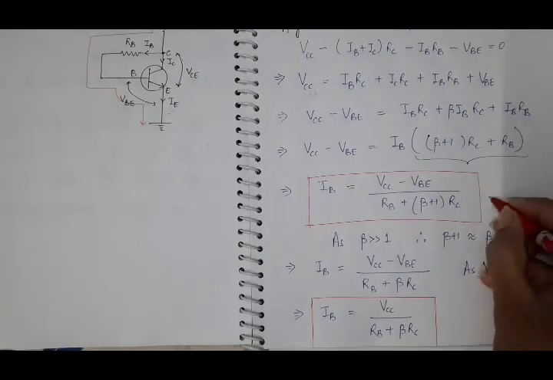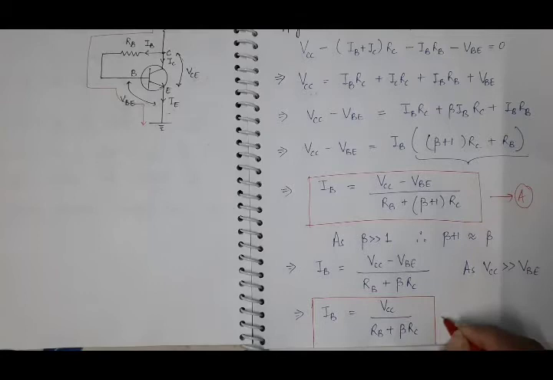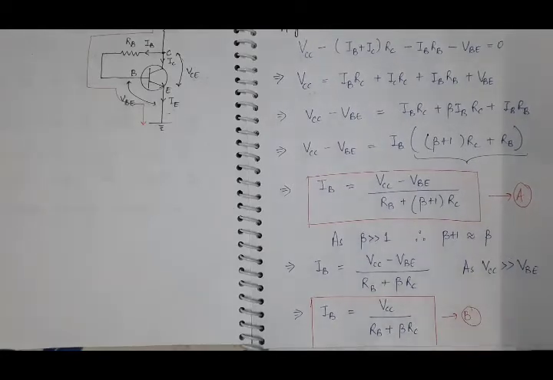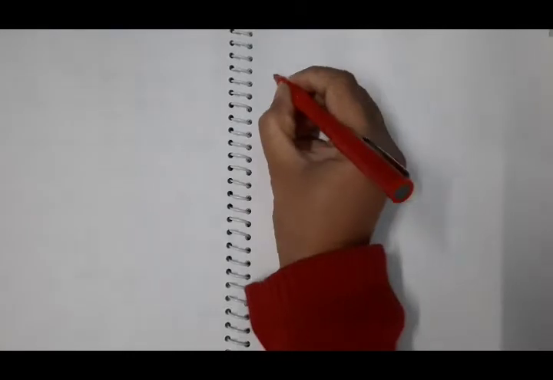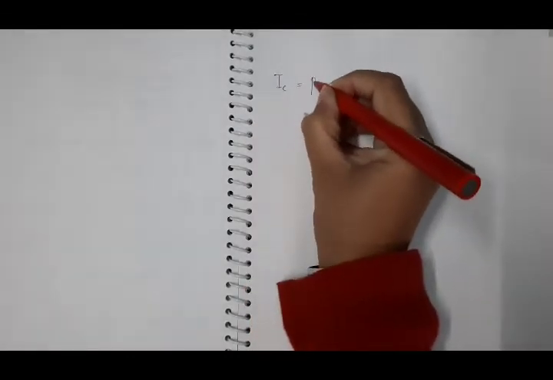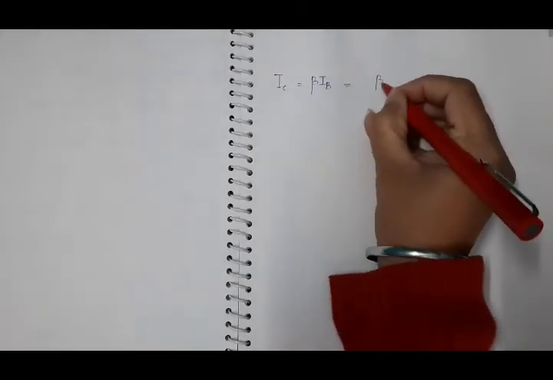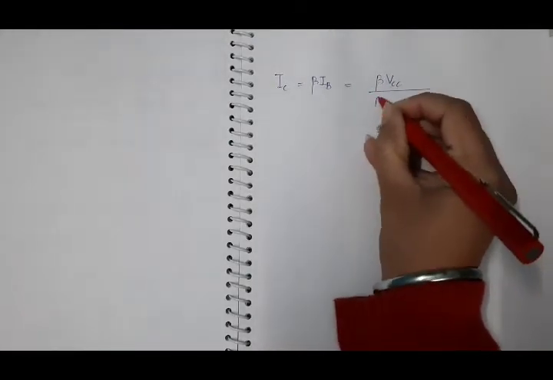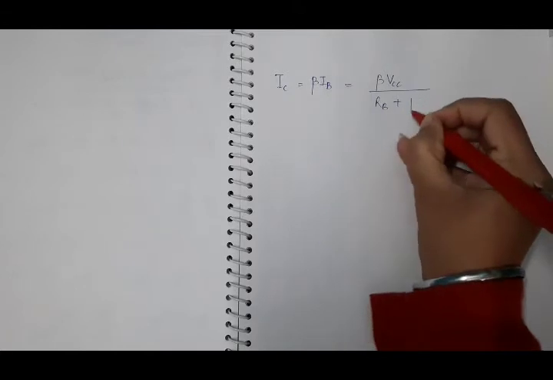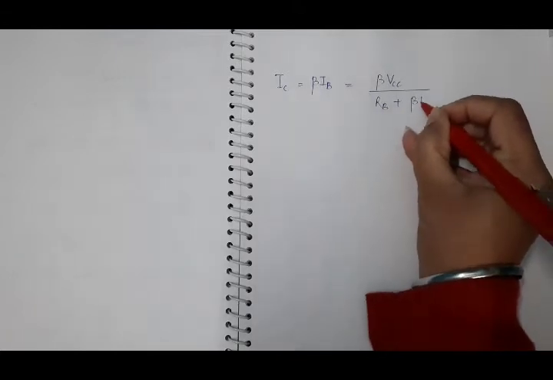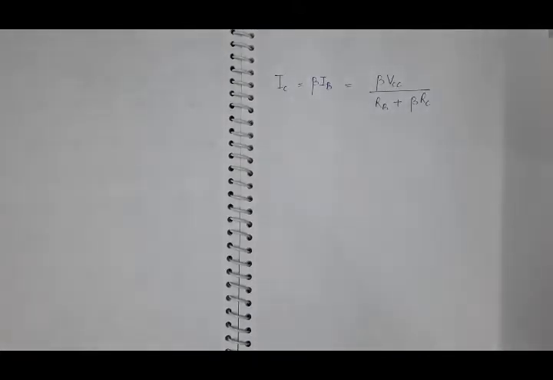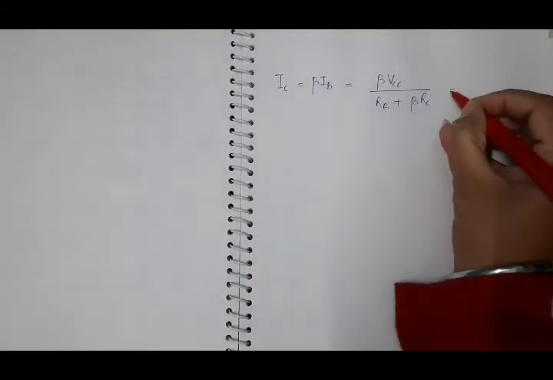Suppose this is equation A and this one is equation B. Now calculate the collector current, which is one coordinate of the operating point. In a common emitter amplifier, collector current IC is beta IB, so it will be beta VCC upon RB plus beta RC. Now take beta common from the denominator.